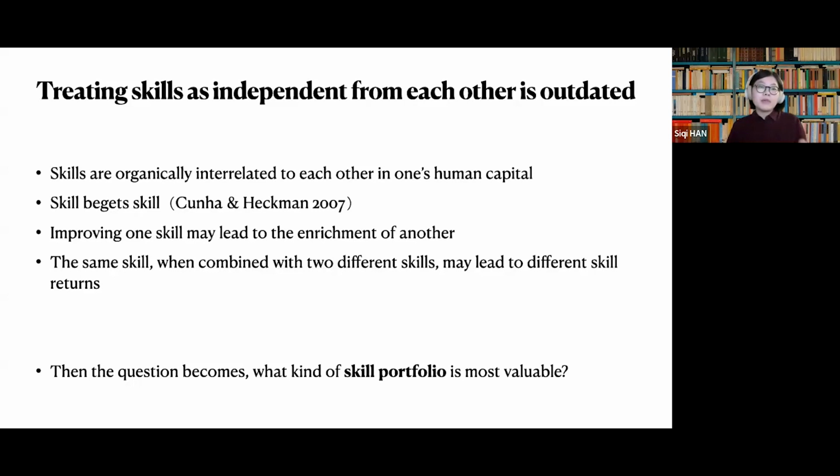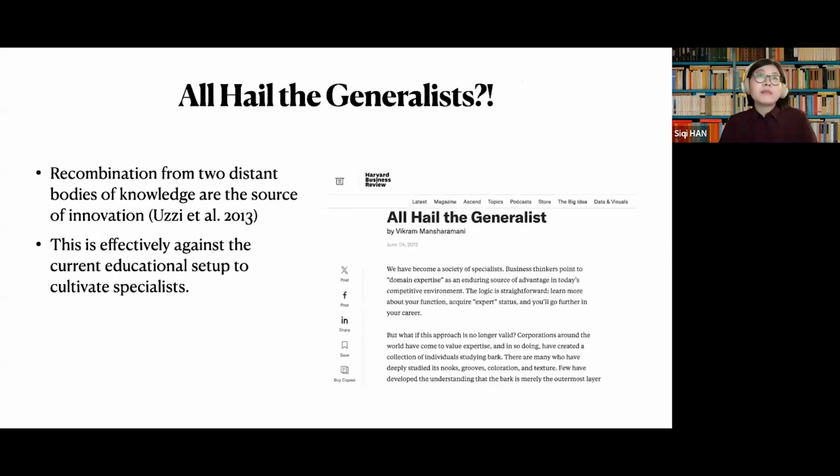So all of this points to the importance that we should not just study, for example, separately a computer skill level, cognitive skill level, non-cognitive skill level, but we need to check the mixture of them in a skill portfolio. We need to distinguish skill portfolios and how the difference between skill portfolios would eventually lead to different economic returns. So what kind of skill portfolios would give us higher economic returns?